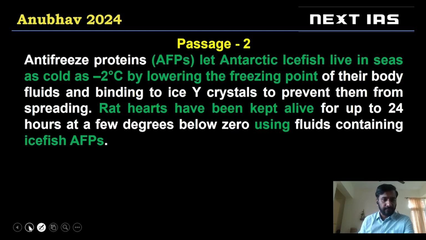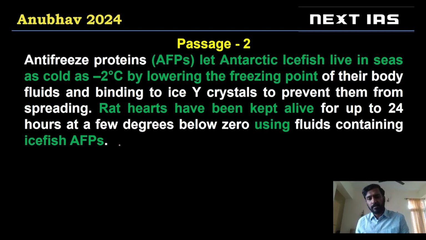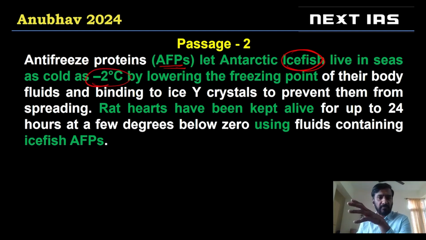Fairly easy question. Now, you'll often get these science-based passages, something to do with nature, something to do with physics. In this case, we are looking at some research about antifreeze proteins. These proteins, AFPs, we'll call them, let some fish, ice fish, live in seas as cold as -2 degrees. So because of these proteins, those fish survive, lowering the freezing point.